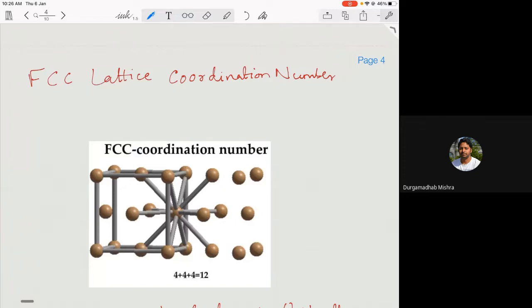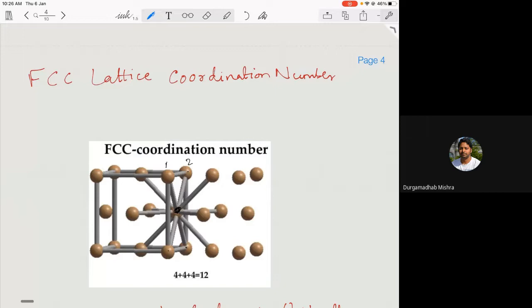If you look at one atom sitting on one of the faces, how many nearest neighbor atoms do you have? 1, 2, 3, 4 in the corner, and then of course the nearest face atoms sitting on these faces. So let's say I can number it.